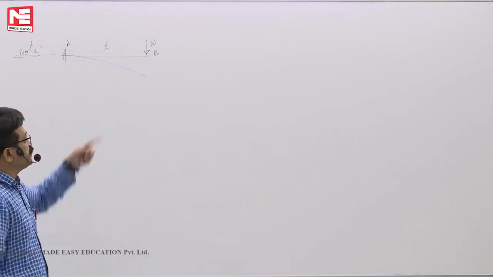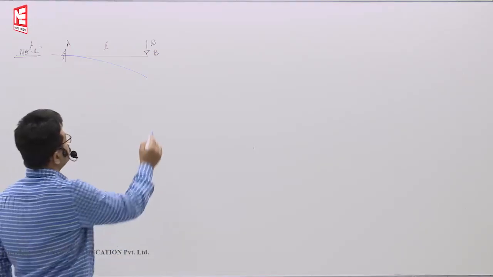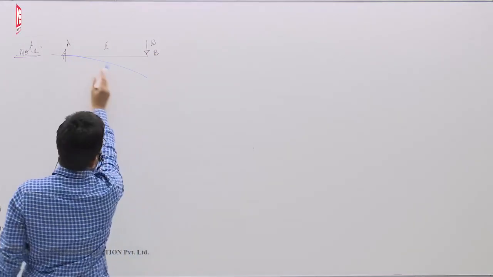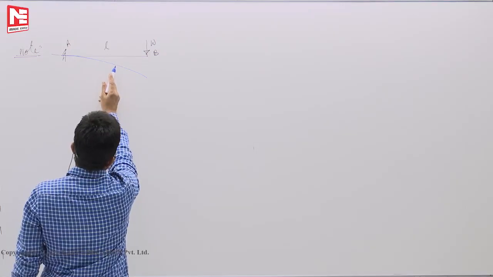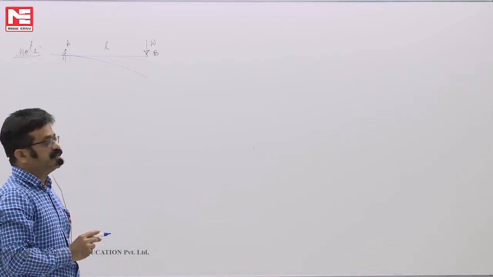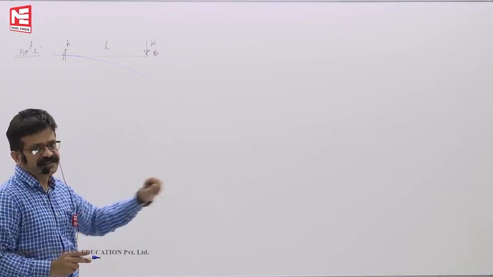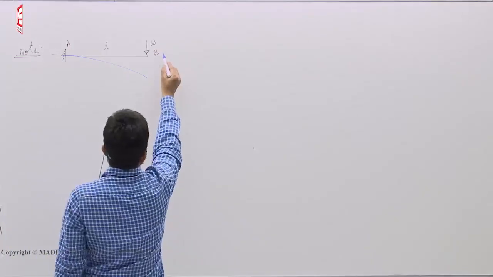What you assumed is that the displacement is vertical. This curved length looks as if it is longer than the straight line. That means elongation is there, but elongations are neglected.